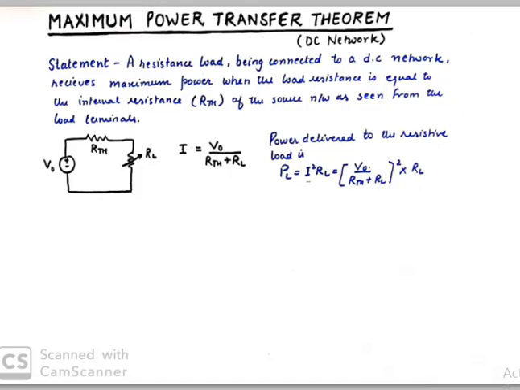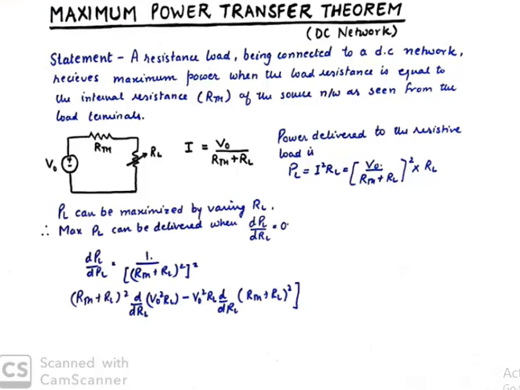And what would be the condition for the maximum power to be delivered? The condition is by varying RL. So maximum PL can be delivered when the derivative of PL with respect to RL becomes 0. So this will be the starting point and the rationale behind the maximum power transfer theorem.